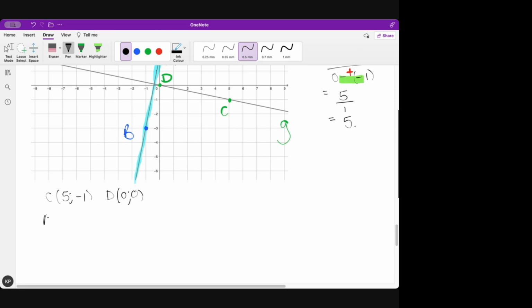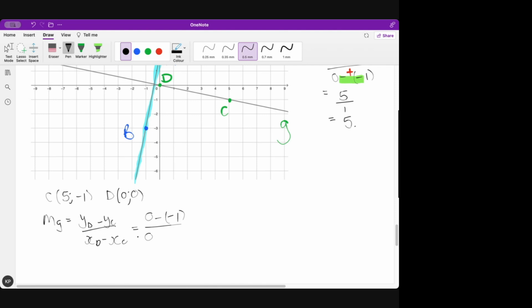Okay. M of G is equal to the y of D minus the y of C divided by the x of D minus the x of C. Okay, y of D is 0 and so is the x. Minus, what is my y of C? My y of C, that would be negative 1.